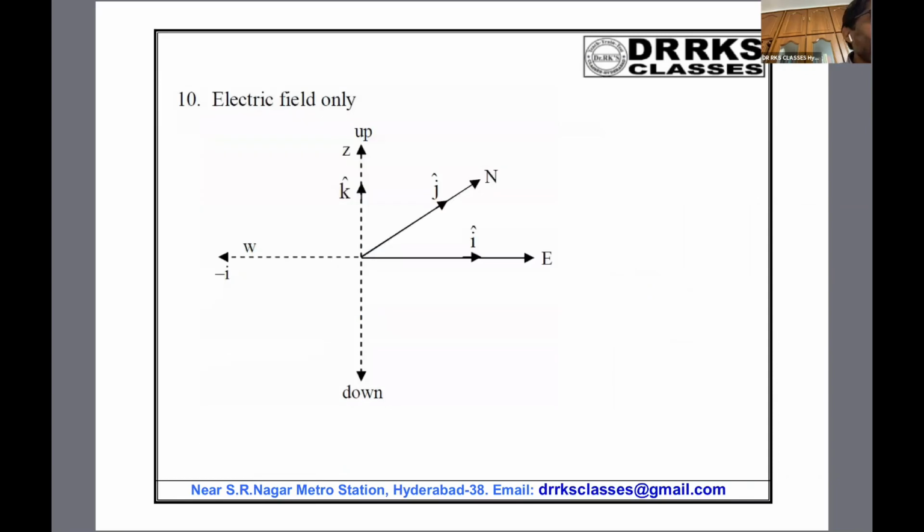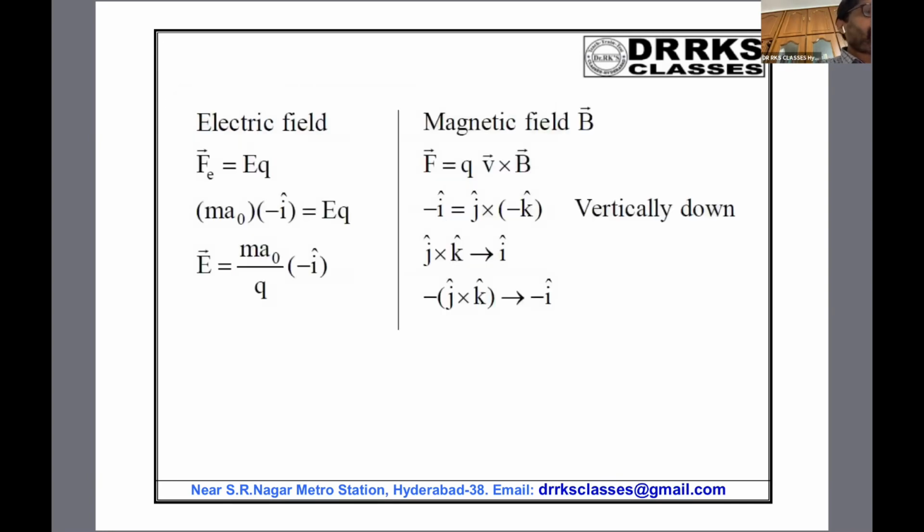Look at this. Let me fix the coordinate system. East is i cap, north is j cap, up is k cap, down is minus k cap, west is minus i cap. In this frame of reference, for the electric field, EQ, the direction is minus i cap, which is nothing but west.